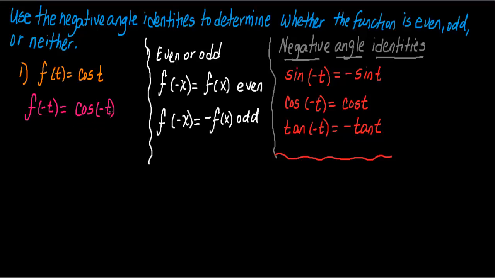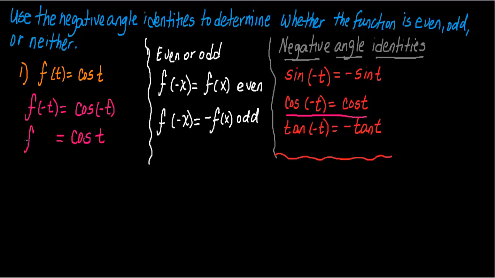Now notice I have the cosine of negative t. Since I have the cosine of a negative angle, what I'm going to do now is use my negative angle identities to see what this equals. So using this identity here that says that the cosine of negative t is equal to the cosine of t, I can say that this is equal to cosine of t as per my identity.